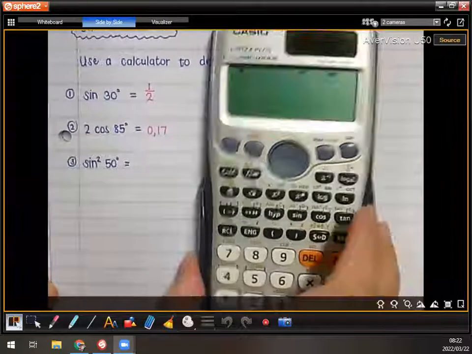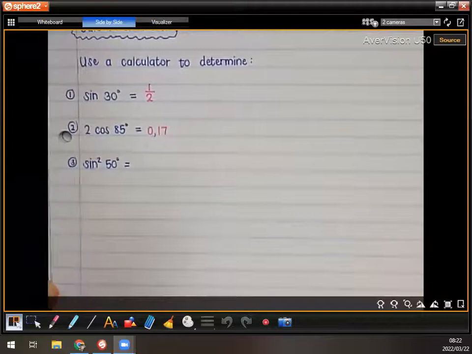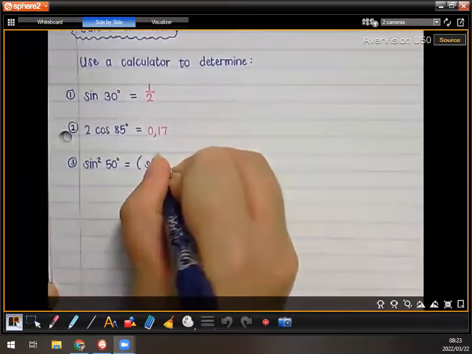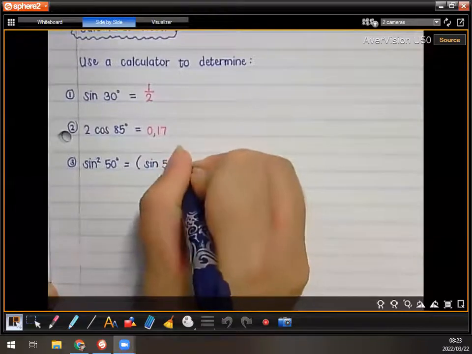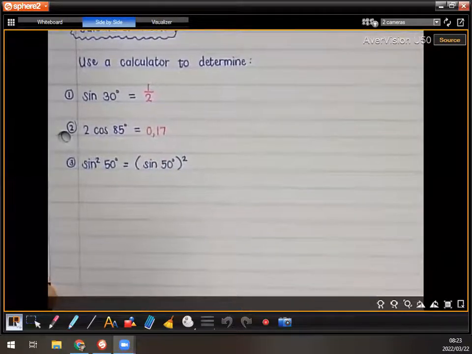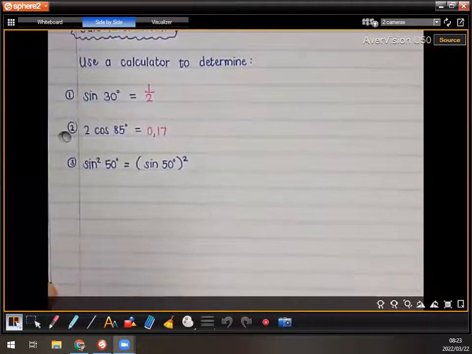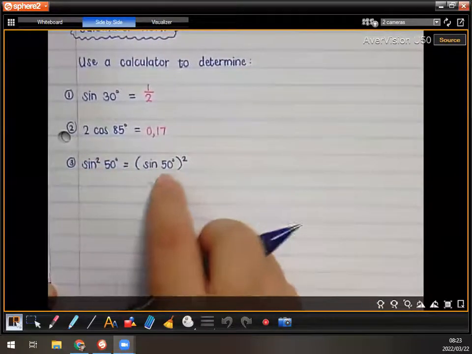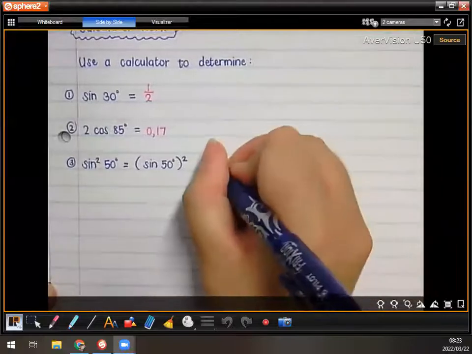So what you're going to have to do is rewrite this in two possible ways. The first way would be to do the sine 50 element. We can type in sine 50 and then square it. We just can't type in sine squared 50. All right, but that's what this means. Sine squared 50 means actually sine 50 squared.